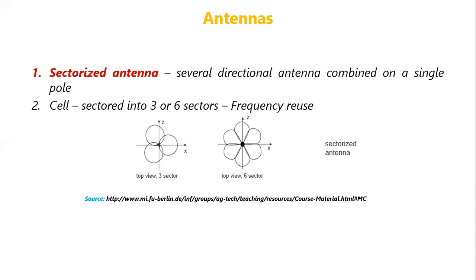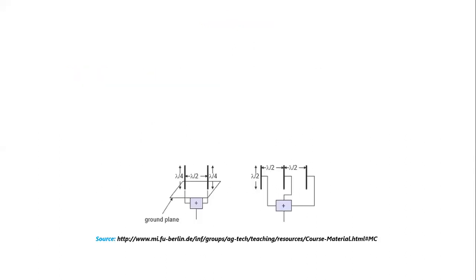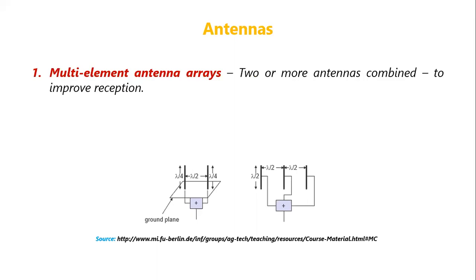Fine. And the next type of antennas that we will be discussing is multi-element antenna arrays. With multi-element antenna arrays, two or more antennas are combined together to improve the reception.